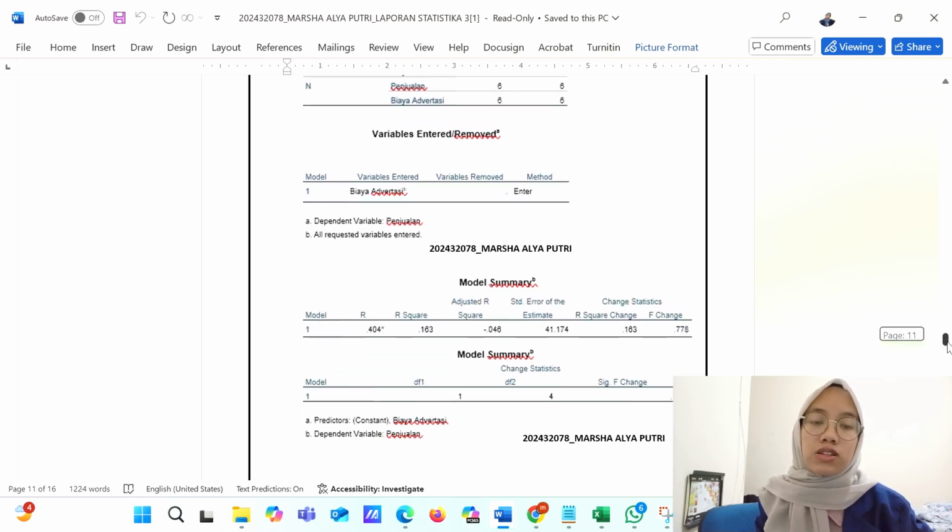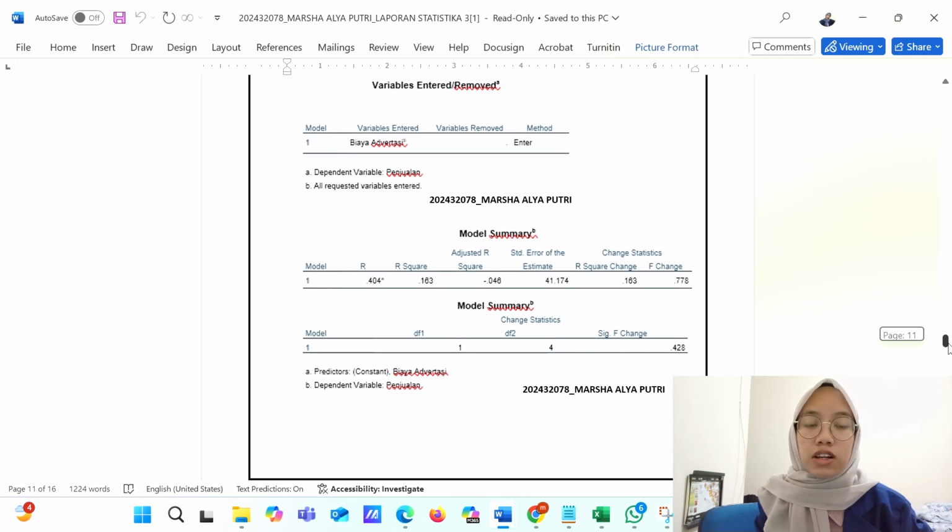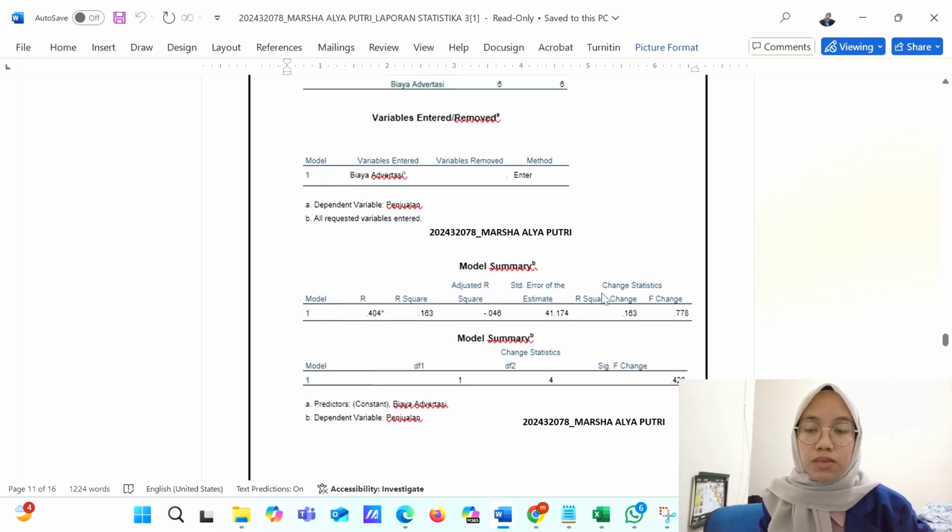That means this relationship is not statistically significant. Next, the variable table. The variable entered into the model is advertising cost and the dependent variable is sales.